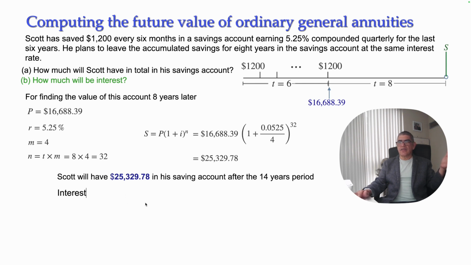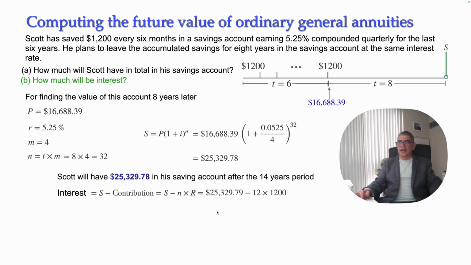So we have then that the interest will be the last value minus the contribution: 25,329.78, minus 12 times 1,200. Actually, this N here is different than the other N, this N is the conversion period, so be careful. But this is actually the payments that he has made. So in this case it will be 12 payments of 1,200.